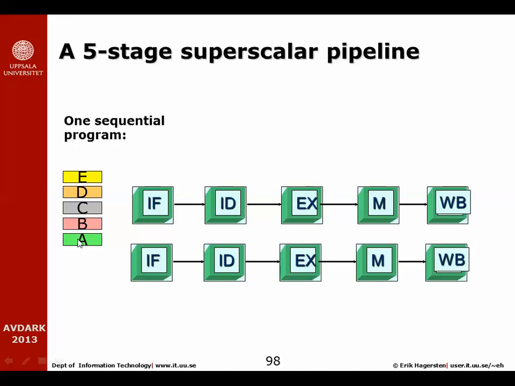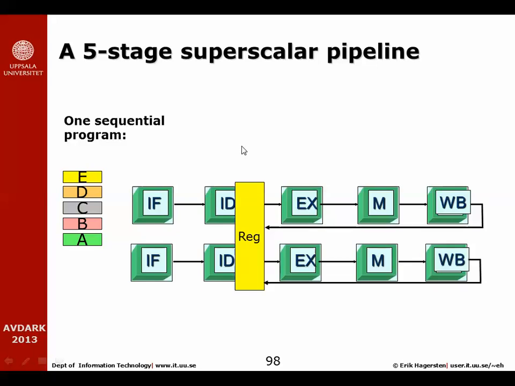So we're not talking about a parallel program here. It's a sequence of instructions, like in our compiler example. These two pipelines are not as independent as it looks here. Actually, they share quite a lot of things. The most important thing that these pipelines share is the register file.